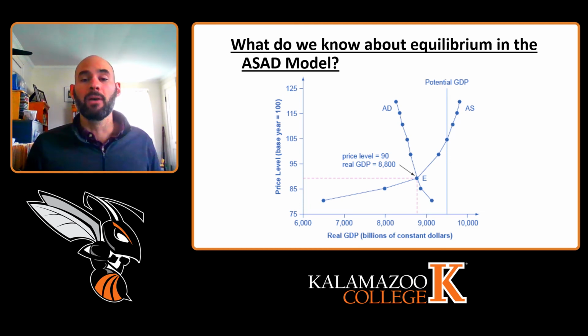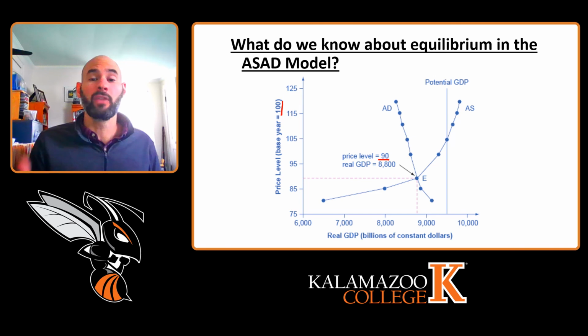And so when we think about that equilibrium, we obviously think that it is stable, and we want to be able to see where the equilibrium price level would be in comparison to that base year price level of 100. So when the equilibrium price level is below 100, we know that prices may be stable, they may be decreasing, but they're not going to be inflationary unless we're measuring it from a previous equilibrium with an even lower price level.